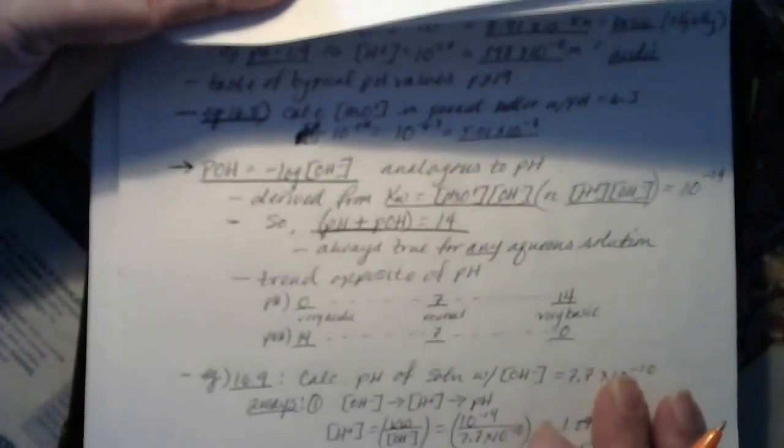Now here is where we come to the concept I mentioned a moment ago of pOH. Especially when you have a base, it's sometimes easier to calculate pOH first and then calculate pH from that. And so there's the analogous concept of pOH, which is just the negative log of the OH minus concentration.